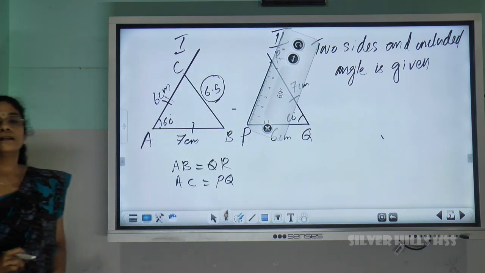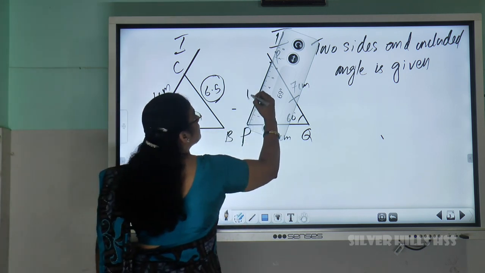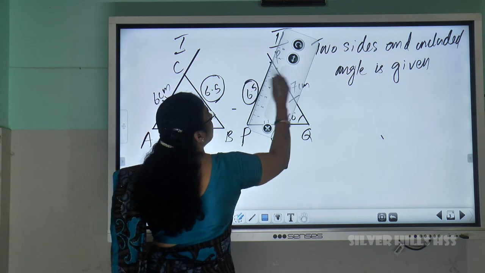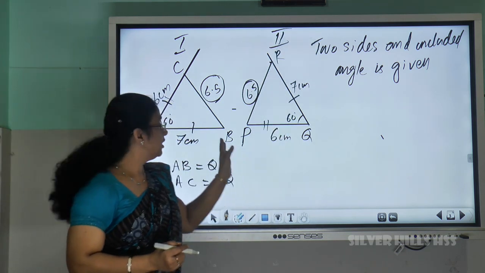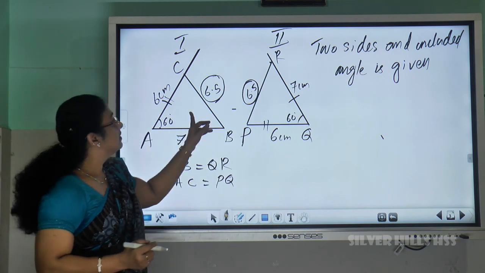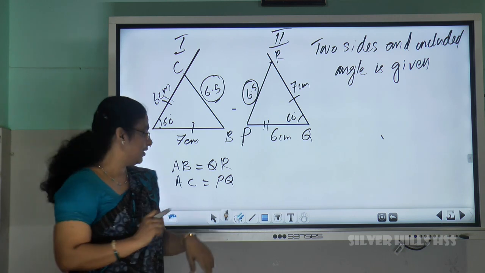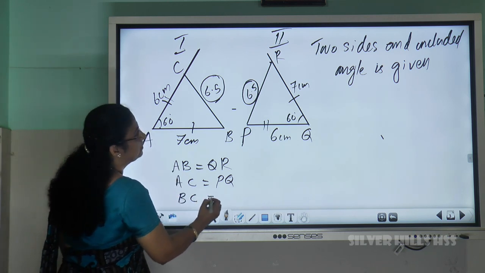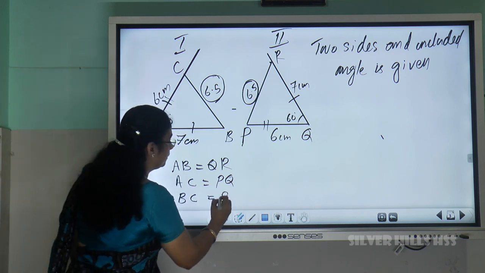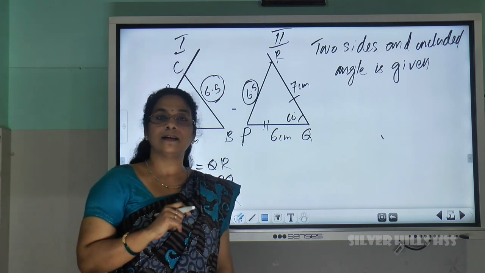See, the third side of triangle PQR is also 6.5 centimeter. That means in both the cases, the third sides of both triangles are equal. That means BC equal to PR.